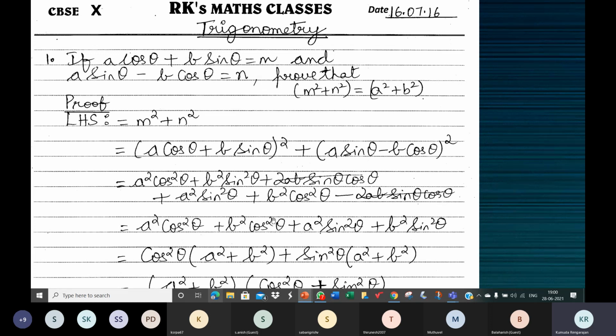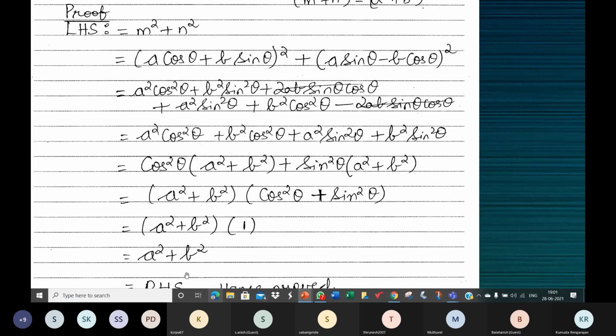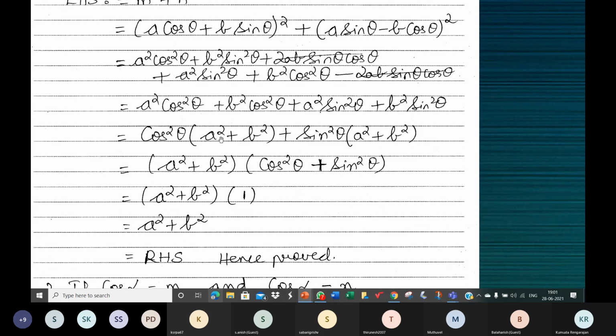So these 2 have cos square theta in it and these 2 have sin square theta in it. So cos square theta is common, and in the bracket we have a square plus b square.